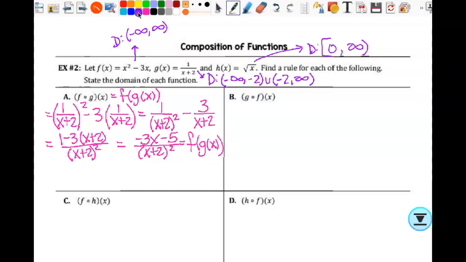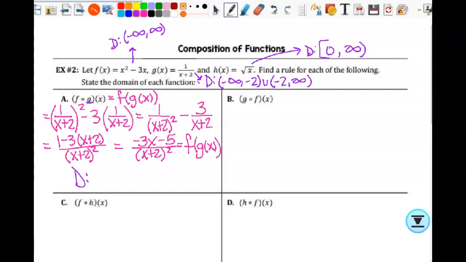Now I want the domain of this. This is how I look at the domain. It's the domain of g, which is this right here, such that g of x, which are the outputs, live in this domain.